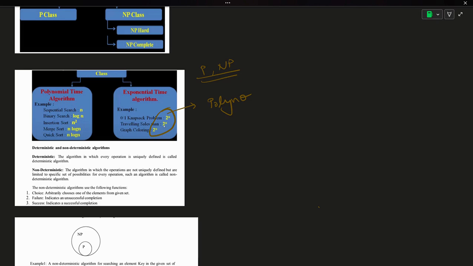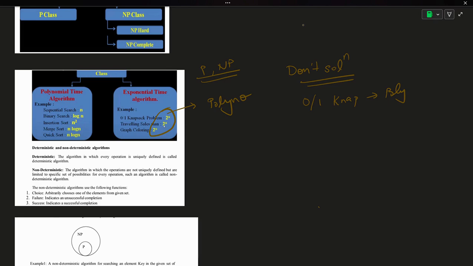But this is where the problem arises. If you don't know the exact solution to run this particular exponential problem in polynomial time, you at least try to relate it.